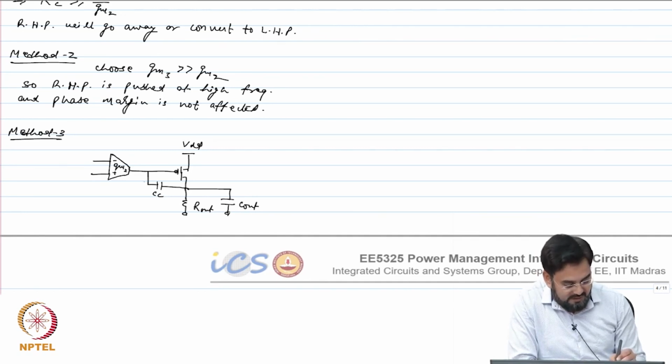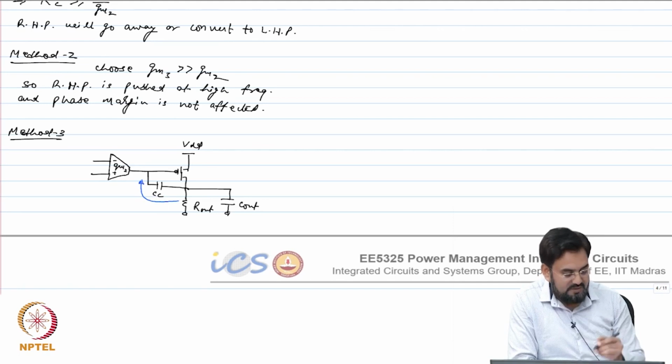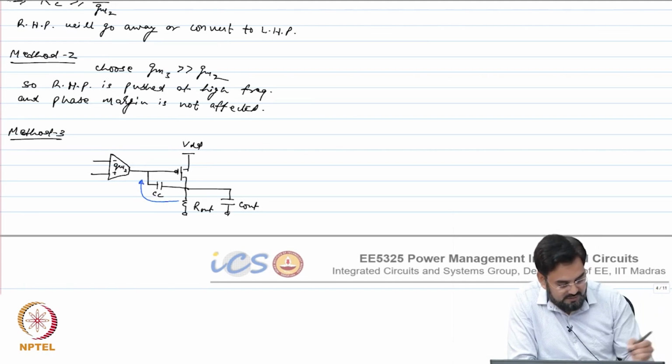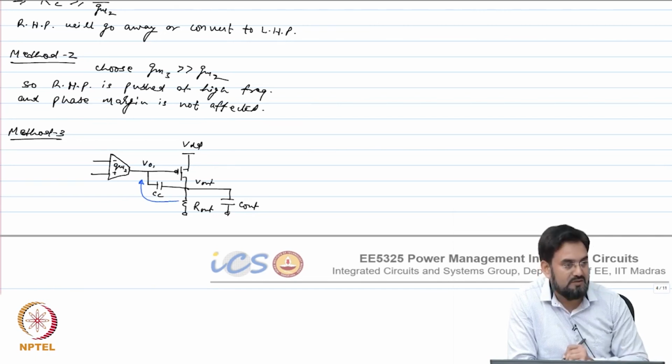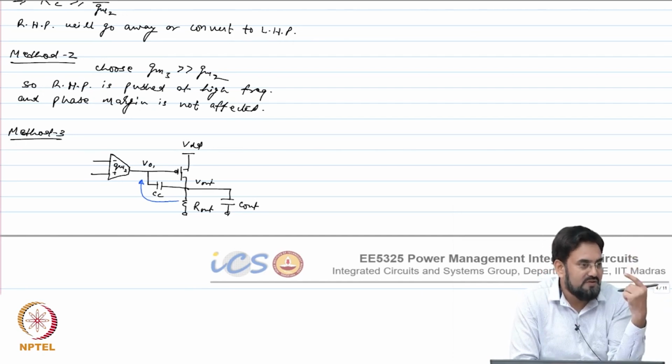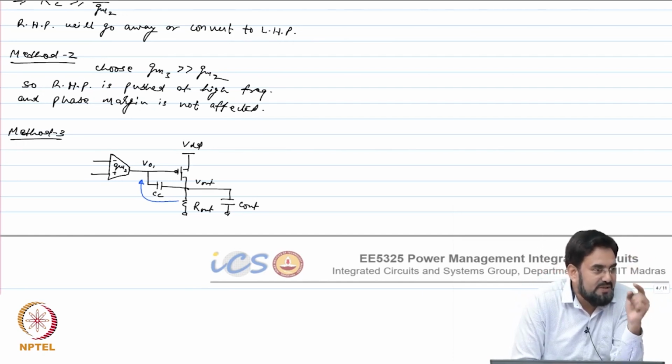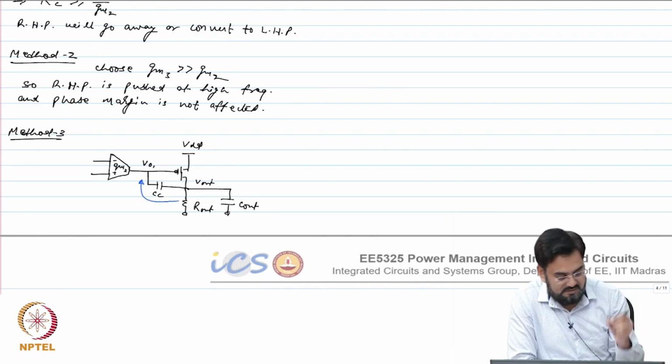So we know that the current from the output to the input, if this is VO1 and this is V out, so from V out to VO1, that is causing your Miller effect, correct?